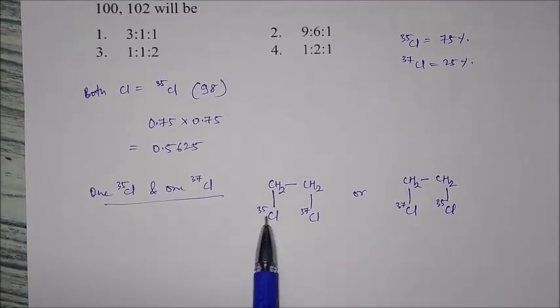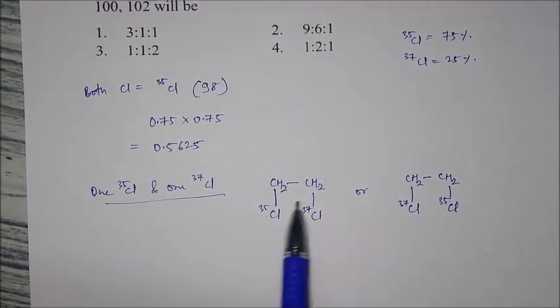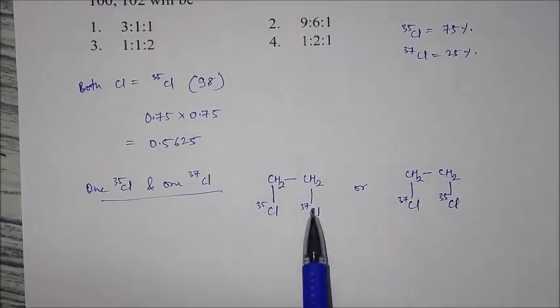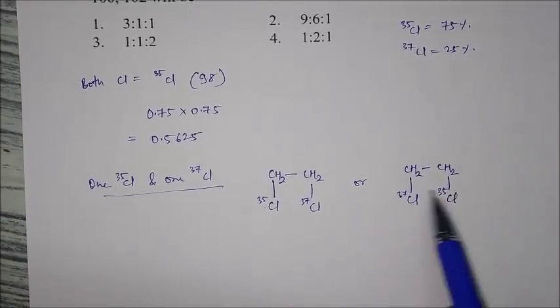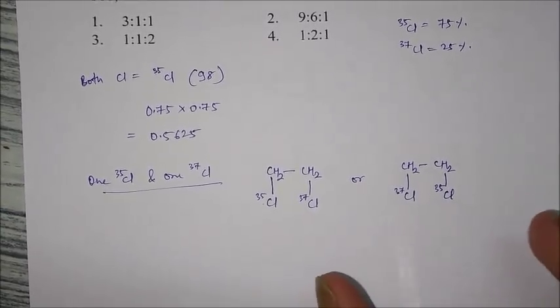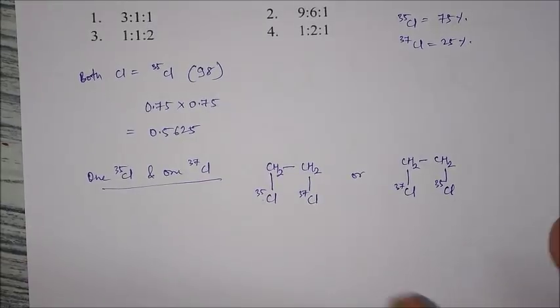You cannot say that both of them are equivalent only. In mass spectrometry, it means that first this fragment is getting broken and then this, or first this is getting broken and then this. So you have to consider both of the cases.